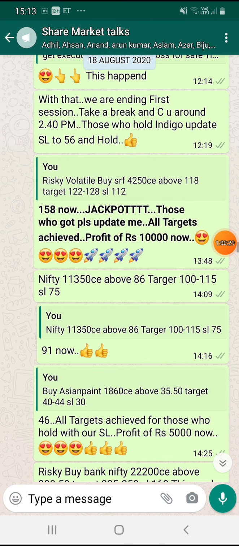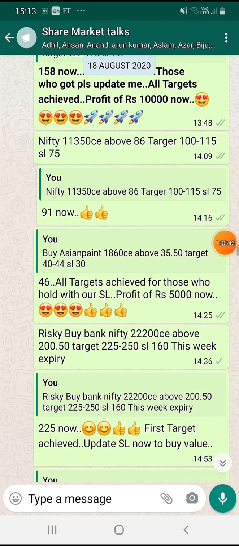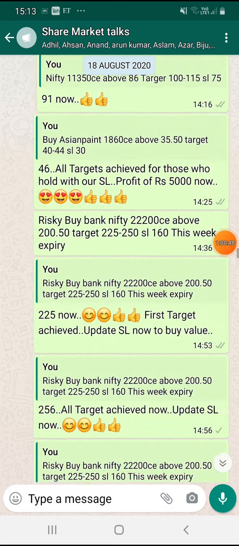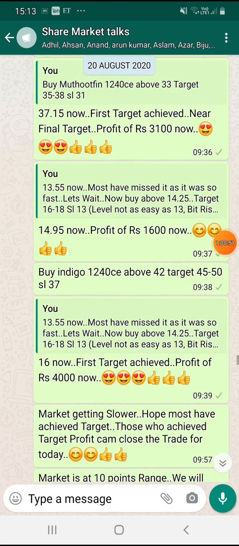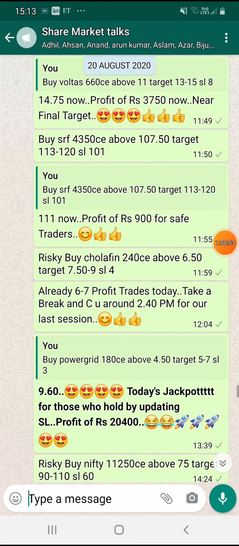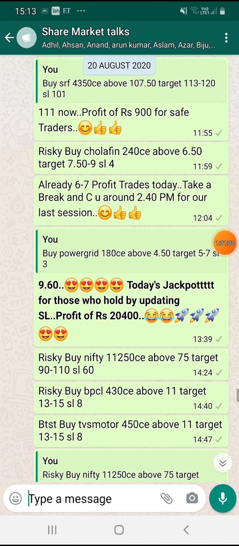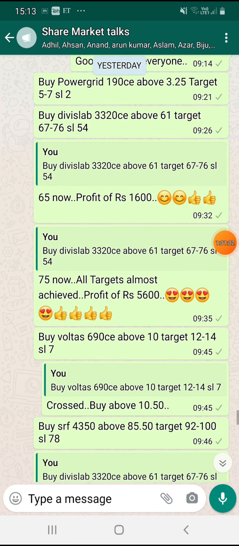These jackpots, if the calculation is exactly right and the shares move in a rocket kind of direction, then we get jackpots of 10,000 per lot by investing 25,000. We can take any days. If you need the last days, we didn't get any jackpot. Not yesterday, the day before yesterday, Thursday, we got one jackpot. Anyway, last day's calculation we can take.